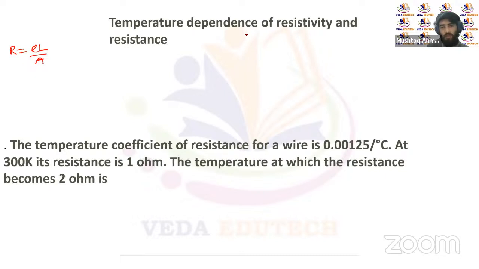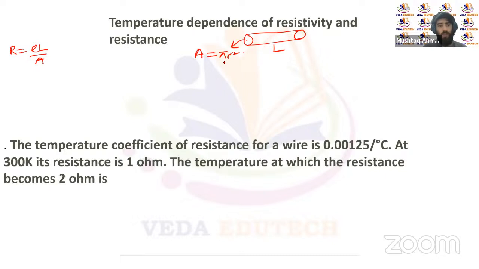So let's suppose that we have this conductor of length L and area of cross section A. We can write this area of cross section as pi r square, which is the area of cross section for this conductor.